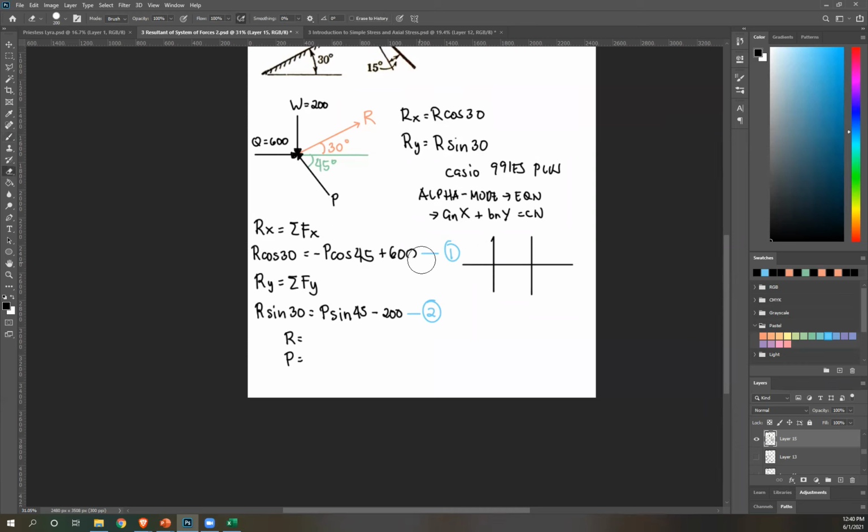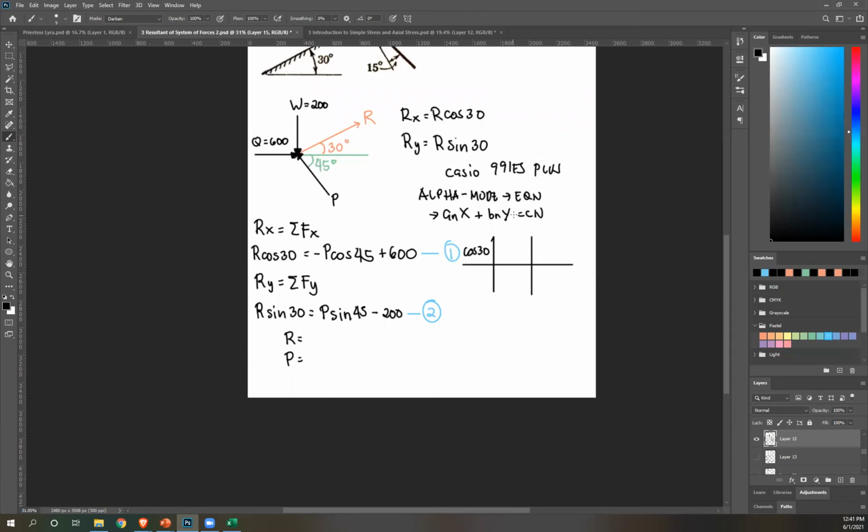The things that you will input in your matrix should pattern what you have here. Okay, so choose first what you want to be your first value. Let's say R. Looking here at equation number 1, for R you're gonna write the coefficients of each variable, so here cosine 30. And look at how our equation was written in the options of your calculator. It should be AnX plus BnY equals Cn.